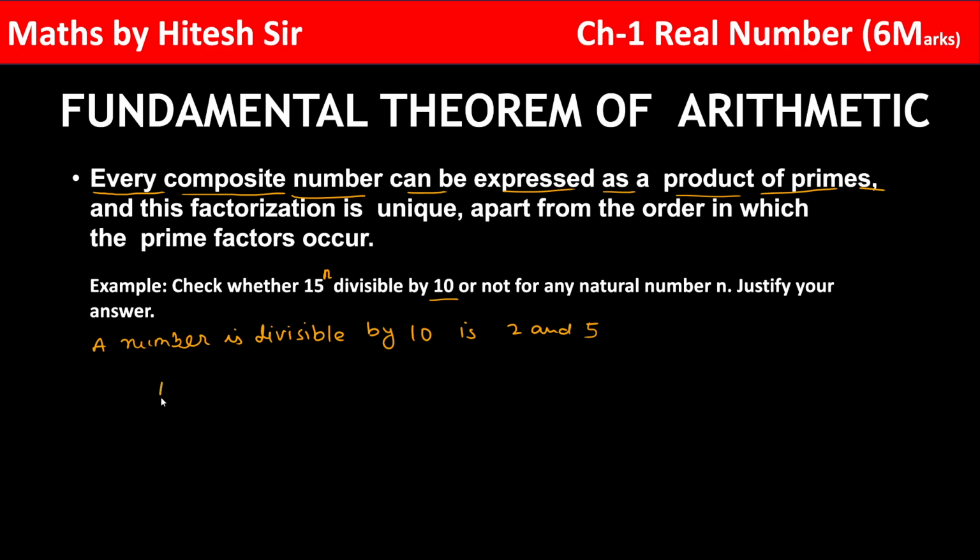So what do we write? 3 times 5 is 15, so 15 power n is 3 power n into 5 power n. So 3 and 5 are the only prime factors of 15, and here we need 2 and 5. So we can say that 2 does not occur in the factorization of 15 power n.